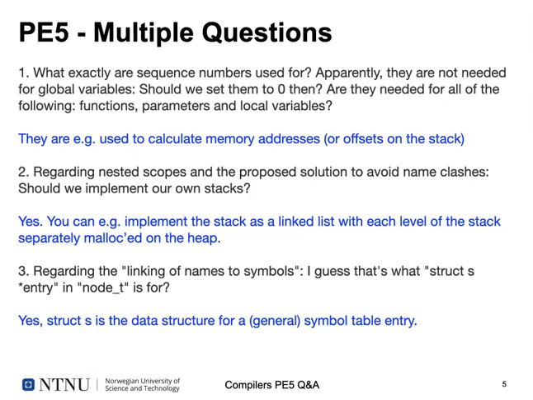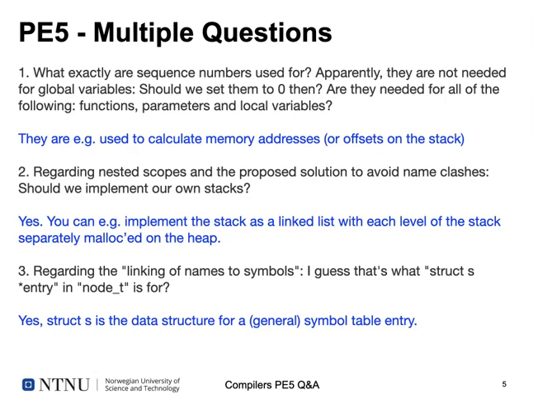Regarding nested scopes was the next question, that the proposed solution to avoid name clashes is to use a stack. So the stack then represents the nesting and enables us to walk the stack backwards, upwards again from our innermost scope to outermost scopes until you arrive at global variables when you're looking for a symbol. Should we implement our own stacks?